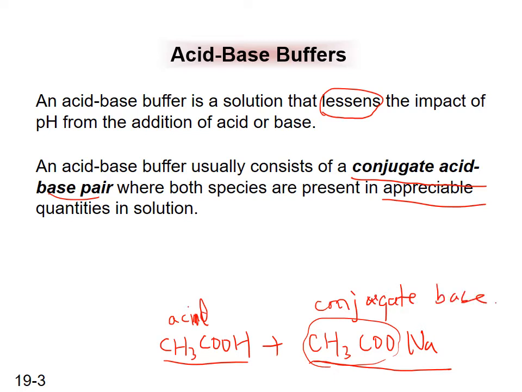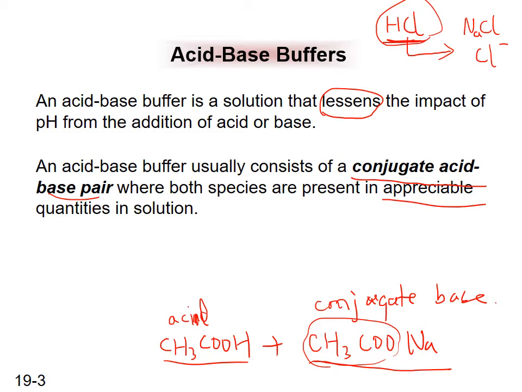All right, now what if we combine a strong acid and its conjugate base, which would be chloride, for example, sodium chloride? Now the problem is that a strong acid will completely dissociate and become chloride ion. In solution, there's no hydrochloric acid because it 100% dissociates.